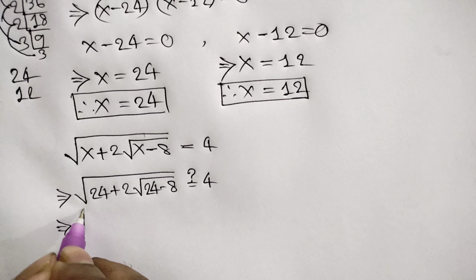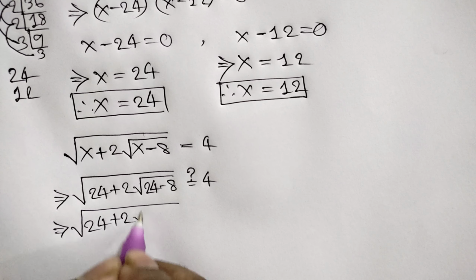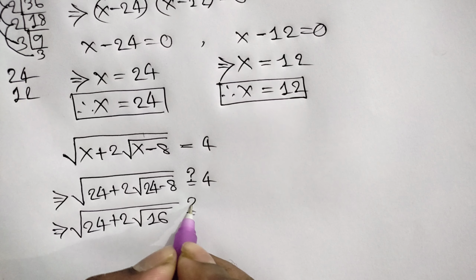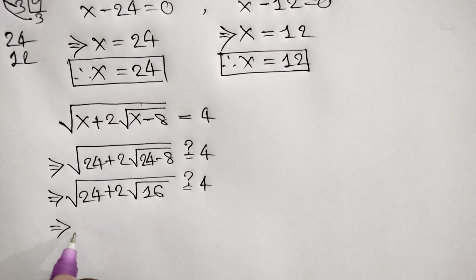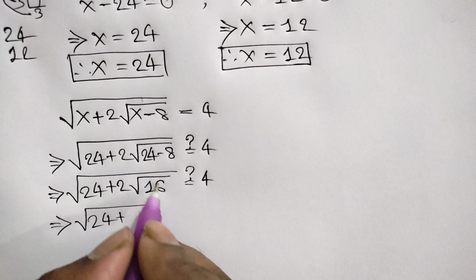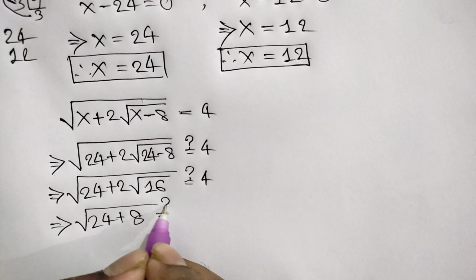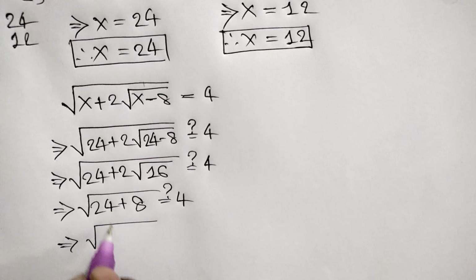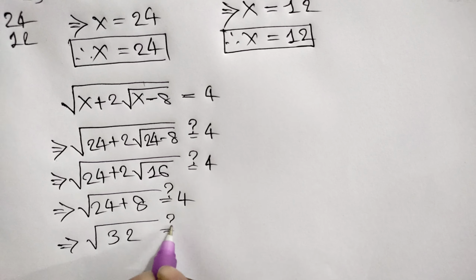Square root of 24 plus 2 times square root of 16. Is it equal to 4? Square root of 24 plus square root of 16 is 4, 4 times 2 is 8. Is it equal to 4? Square root of 24 plus 8 is 32. Is it equal to 4?